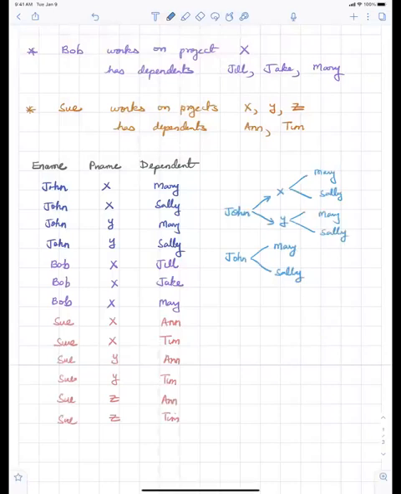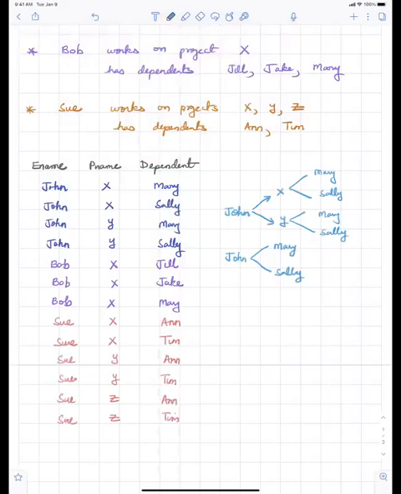If someone forgets to add Sally, with a data entry mistake you add John project Y, but you don't add Sally, there is a mistake in the table. And you would like this mistake to somehow get caught, because it's a fundamental data entry mistake. So this is what really is multi-value dependency.